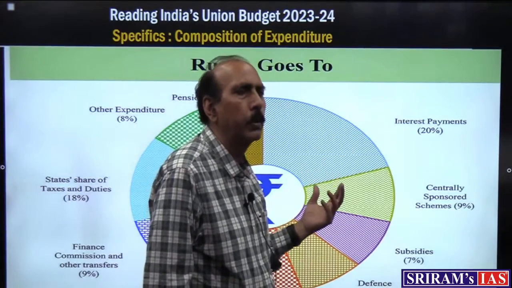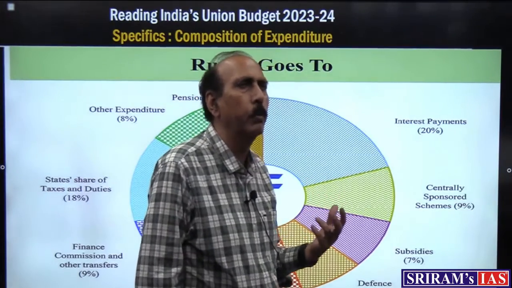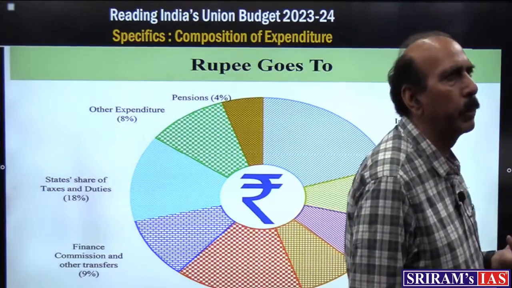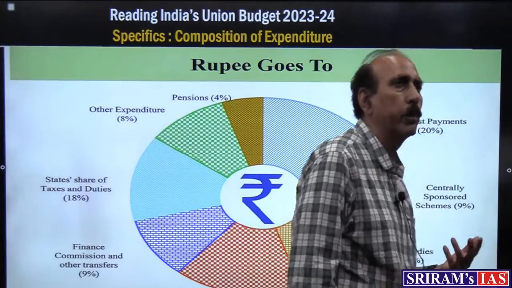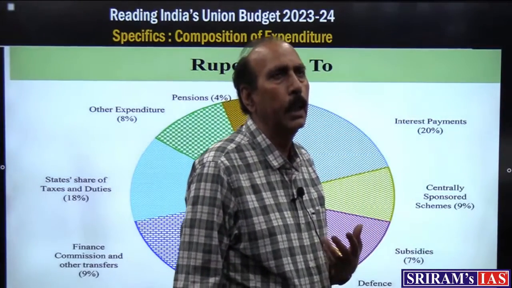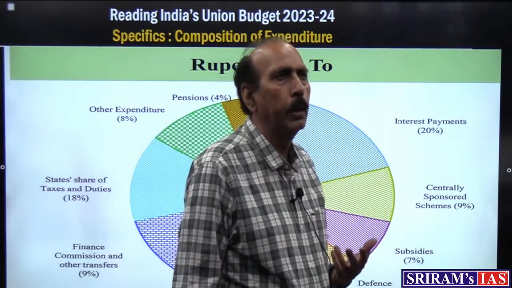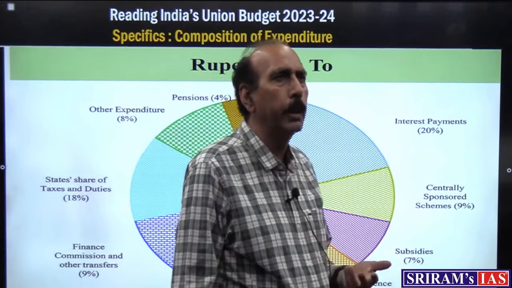Of course, I have not given the full analysis of the budget, because that is required for the mains examination. The critical appraisal, where the budget is missing many things, where the government should have given more focus, or what the likely outcome of this kind of budget is. These are the questions more relevant for the mains.